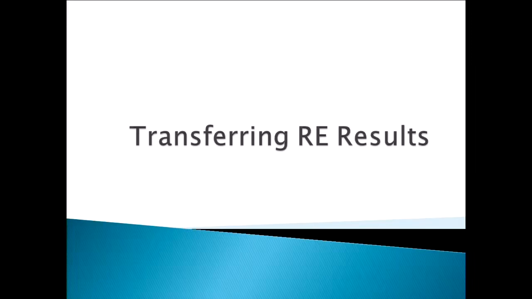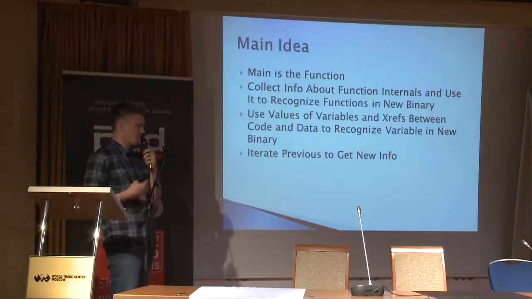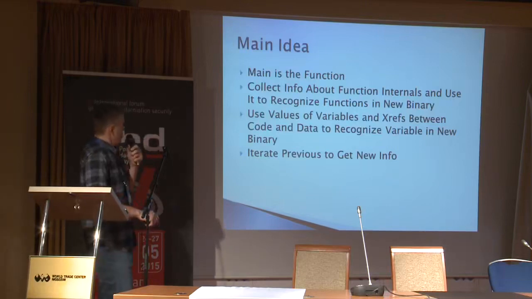So, transferring the reverse engineering results, the main ideas. For the base, we took a function, and with the help of this object that was implemented internally, we collect the maximum information available about the composition of this function. Compared to MyNav, the graph of internal function controls has not been used, only those mechanisms that I've been showing you.